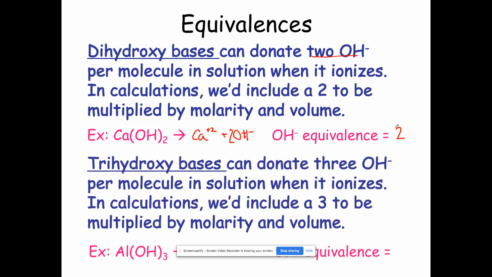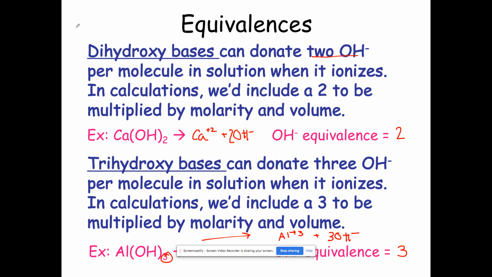Same idea with trihydroxy. So here I have aluminum hydroxide. Sorry, you can't see that, of course. So that would break apart into the Al plus 3 and OH minus. There are 3 of them, so 3 OHs. So any kind of calculations you would do, you would multiply that side by 3.